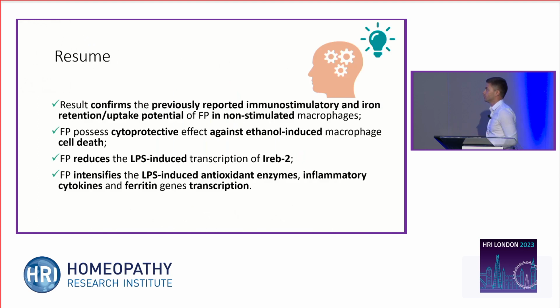Let's resume all these results. First of all, we confirmed the previously reported immunostimulating potential of Ferrum phosphoricum, also the potential to have impact on iron metabolism in non-stimulated macrophages. The new results show that Ferrum phosphoricum possessed a protective effect against the ethanol-induced macrophage cell death.